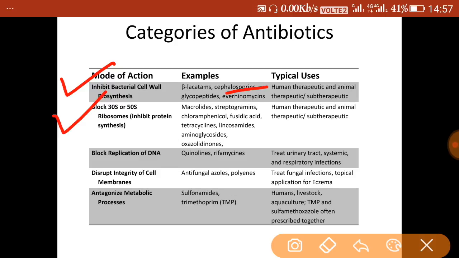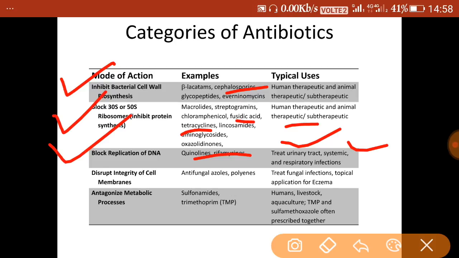The example of first category include cephalosporins. This is very important, cephalosporin. It is used in therapy, human as well as animal. Number 2 includes fusidic acid and tetracyclines, etc. They have therapeutic and subtherapeutic uses.